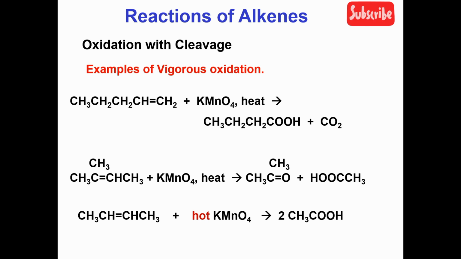The first compound is pent-1-ene because the double bond is on the terminal carbon. That terminal carbon is going to form CO2. Because the second carbon has hydrogen, it is going to form carboxylic acid. Remember, it's vigorous oxidation. In ozonolysis, it's an oxidation but not vigorous.